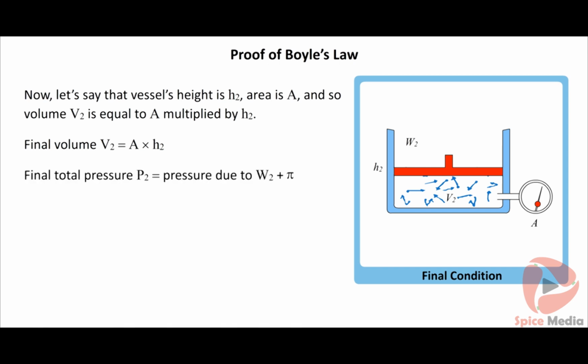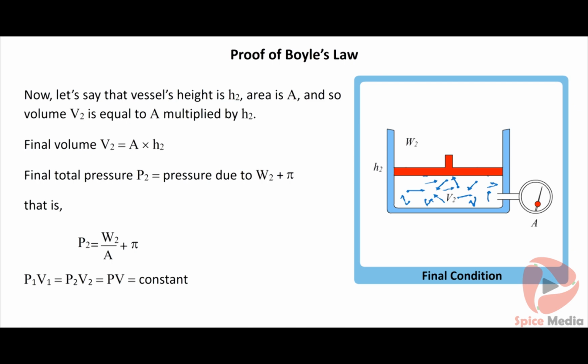The total pressure inside the container P2 is equal to the sum of the pressure due to the weight W2 and the atmospheric pressure, say pi. Therefore, P2 is equal to W2 by A plus pi. It is found that P1 multiplied by V1 is equal to P2 multiplied by V2, or P multiplied by V is a constant.